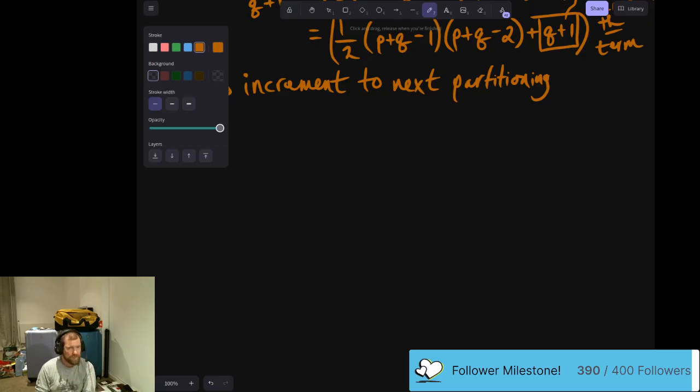So if we increment to the next partitioning, we're currently on P is equal to, P is going to be equal to, Q is going to be 1. P plus Q minus 1.